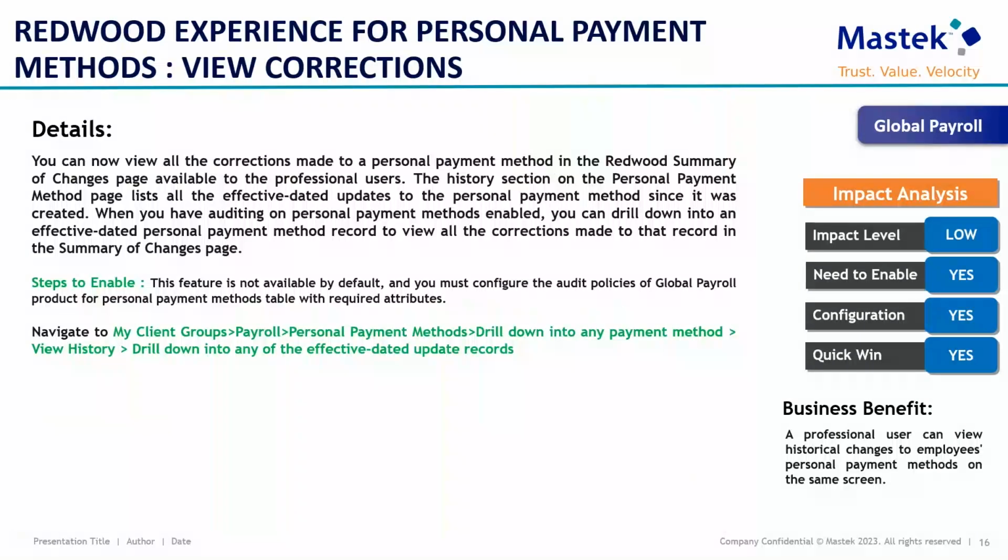Moving ahead, the next one is again related to the Redwood experience, and that is personal payment methods. So now we can view all the corrections, all the updates, and all the historic changes that have been done on employees' personal payment methods.